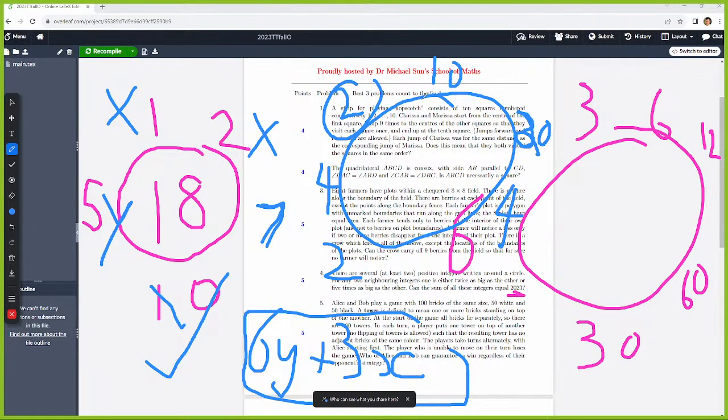If I divide the next number, what is it? 1. If I divide this one by 3, what's the remainder? 2. This number by 3, what's the remainder? 1. What about this one? 2. What about this one? 1. So can you see a pattern?